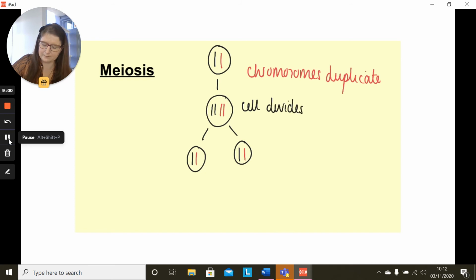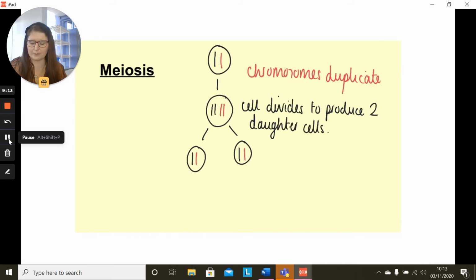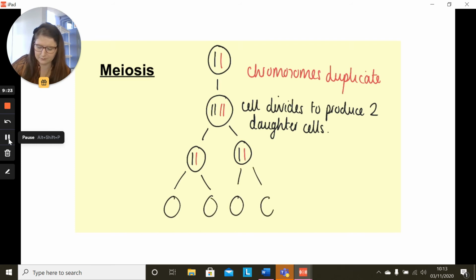So we can write that the cell divides, to produce 2 daughter cells. Then these daughter cells will divide. This cell will divide and make 2 cells, and then this cell will divide.